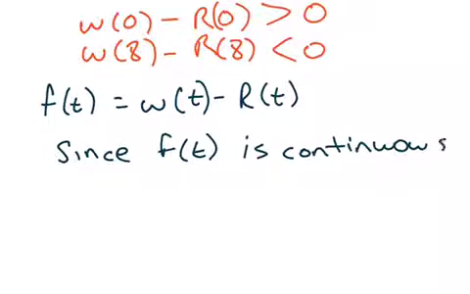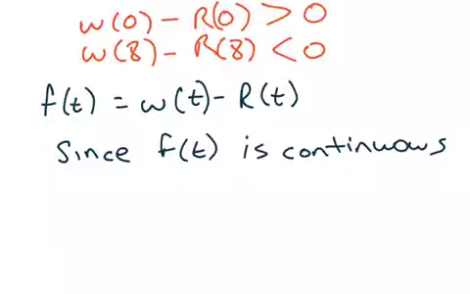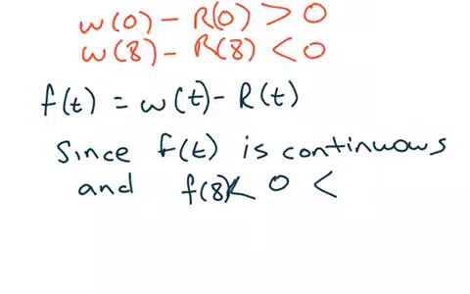We do have to state that it is continuous, because if you recall from the formula, it says f of x is continuous. So we do need to make sure that we state that it's continuous, and f of 8 is less than 0, and 0 is less than f of 0. In other words, 0 is between f of 8 and f of 0.